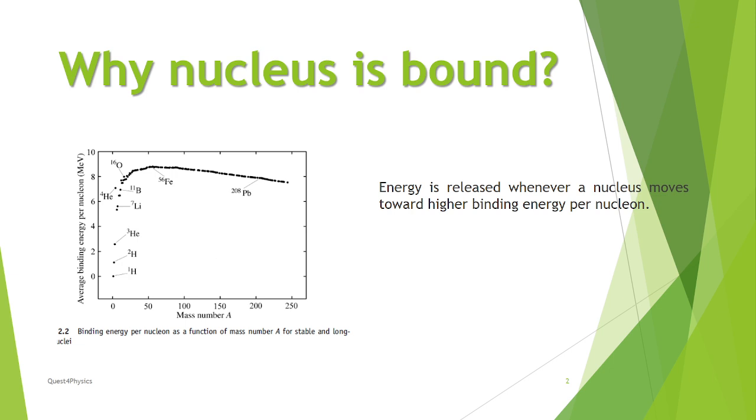However, Coulomb repulsion between protons is long range and keeps increasing as more protons are added. This reduces the binding energy per nucleon for heavy nuclei like lead. Therefore, this single curve explains why energy is released in fusion of light nuclei and why heavy nuclei can release energy through fission, and how nuclear stability arises from the competition between short range strong nuclear force and long range Coulomb repulsion.